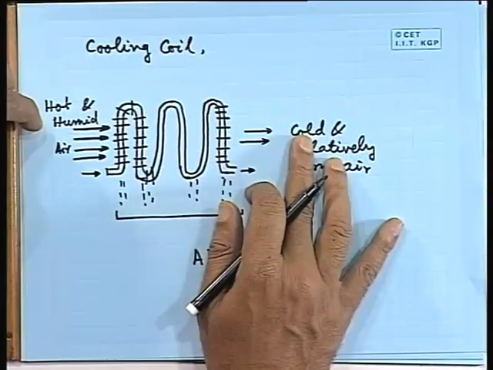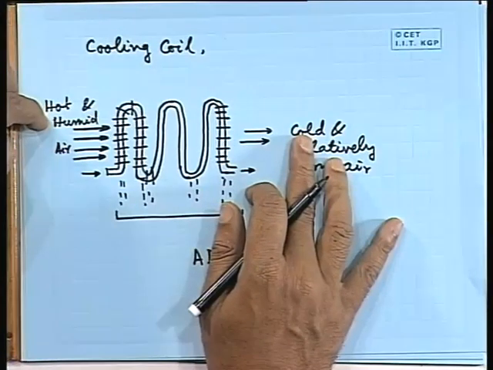So, that is not possible. So, obviously, when the air goes out, its temperature will be lower than the supply air temperature, but higher than the apparatus dew point temperature. Okay. So, there will be some lowering of the humidity content, but it will not be as low as the humidity content corresponding to apparatus dew point temperature.